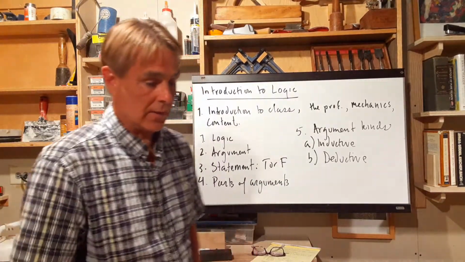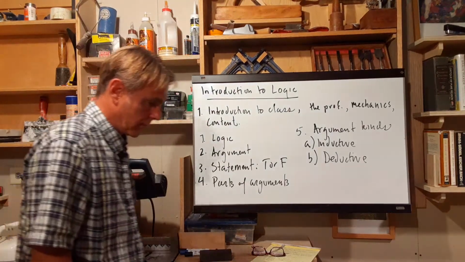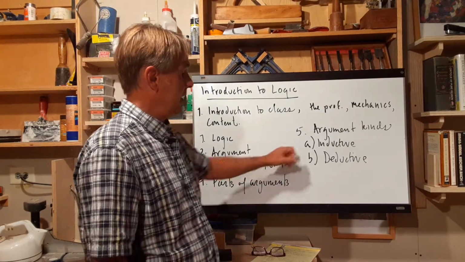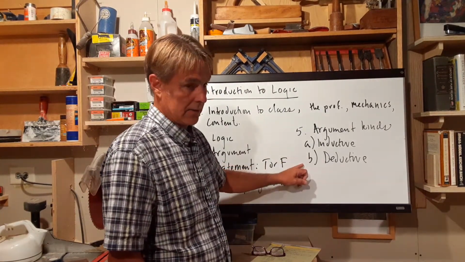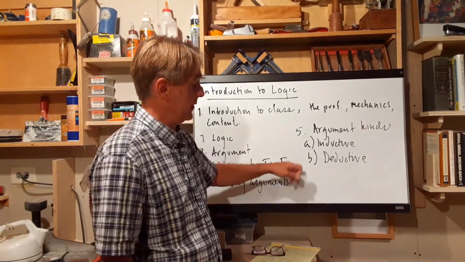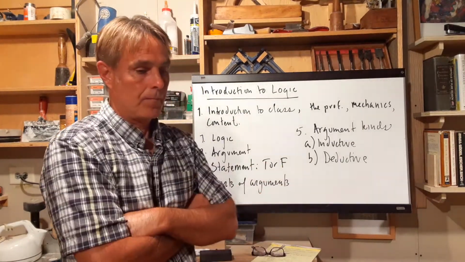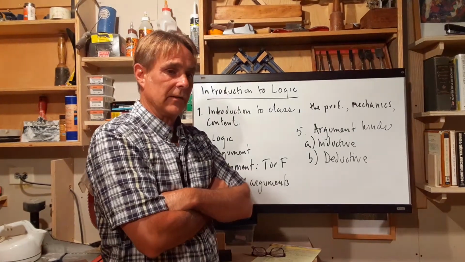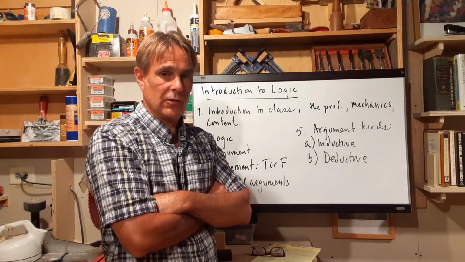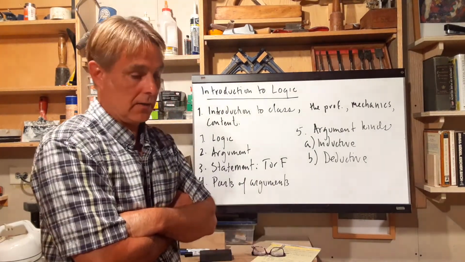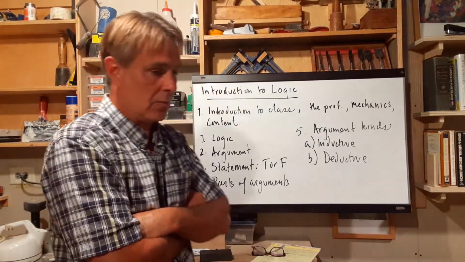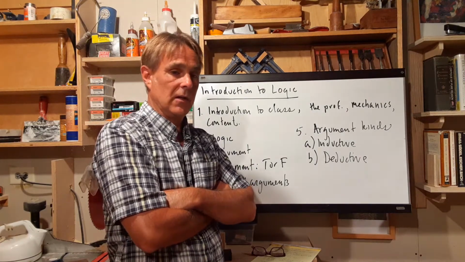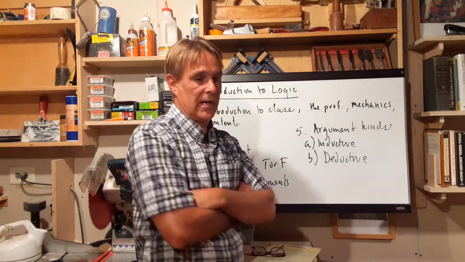Now the kinds of arguments. Fundamentally, there's really only two kinds of arguments. There are inductive arguments and there are deductive arguments. Let me quickly explain the difference between the two. In an inductive argument, the premises are collected and they are meant to support the conclusion in a probabilistic way. For example, say you want to find out whether a population has a certain characteristic.